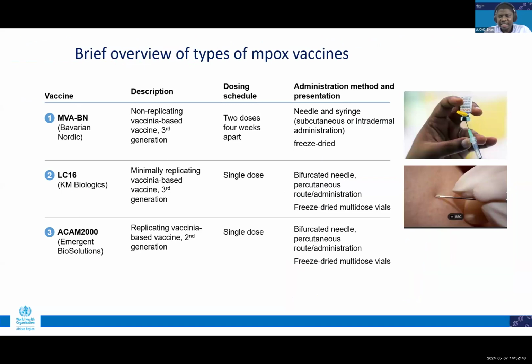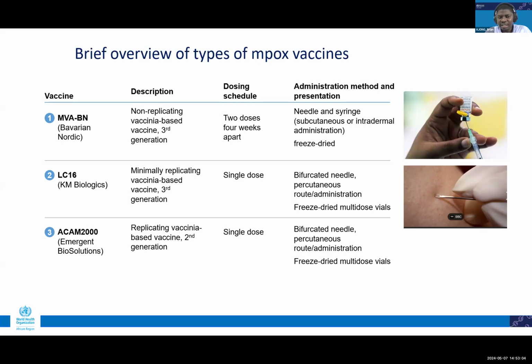Among the vaccines that have been studied to be used in an mpox response, SAGE came up with 3 main vaccine candidates. We have the modified Vaccinia Ankara vaccine made by Bavarian Nordic.